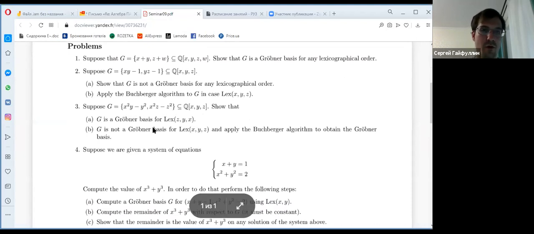We want to show that this is a Gröbner basis for one lexicographical ordering, and this is not a Gröbner basis for another lexicographical ordering, and we should apply the Buchberger algorithm and obtain a Gröbner basis for this second ordering. Just the same, we need to compute all the S polynomials, and we need to try to reduce them to 0 or to a remainder.